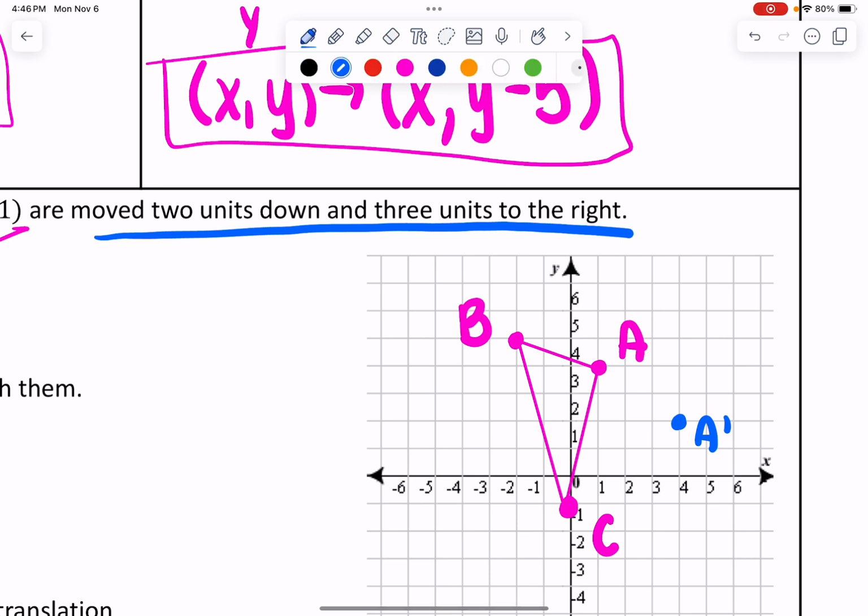You're going to do the same thing for B and C. So for B, you're going to move it 1, 2, 3, and then 2 units down, 1, 2. And so that would be B prime.